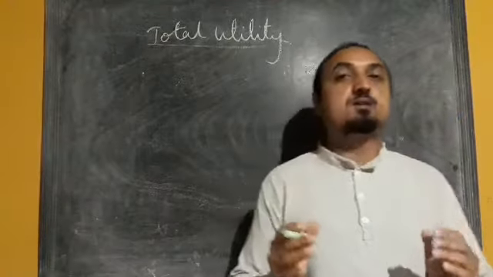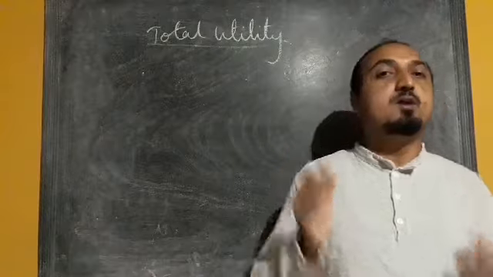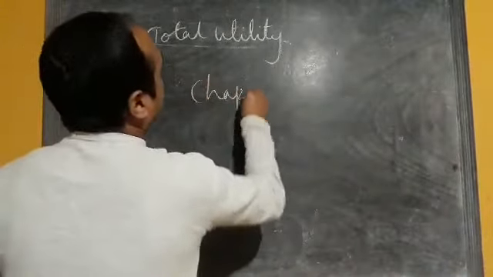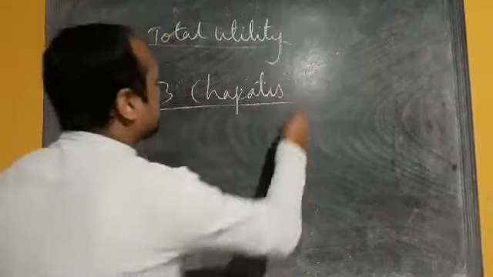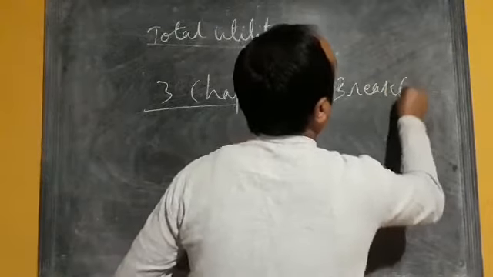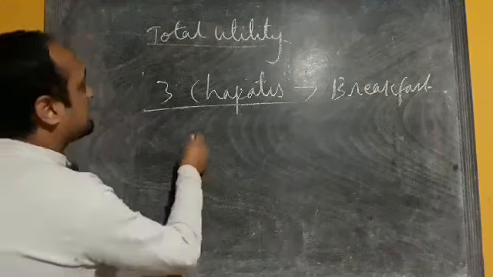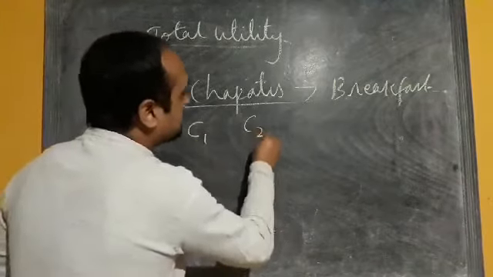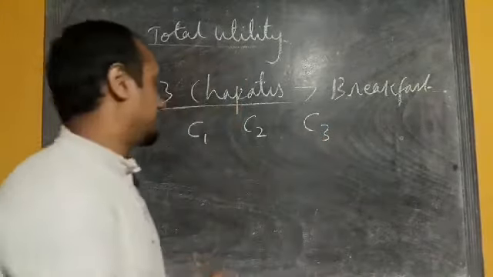Now I will explain this concept with the help of one example. Suppose in breakfast you are having three chapatis. Now three chapatis can be written as, suppose, C1 first chapati, C2 second chapati, C3 third chapati.